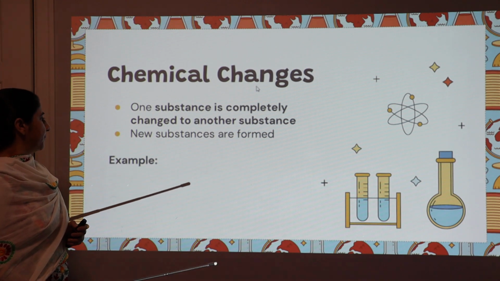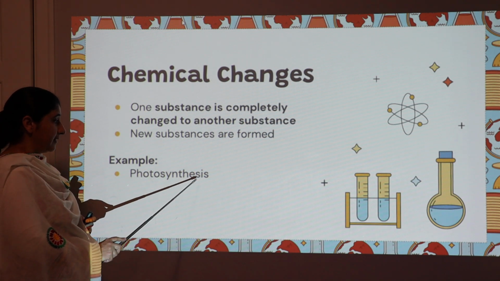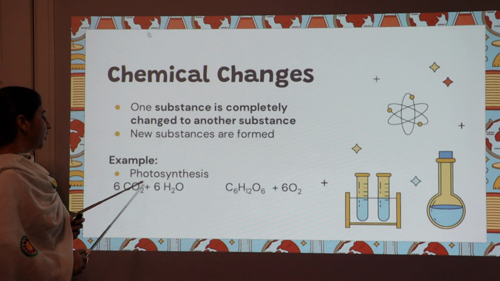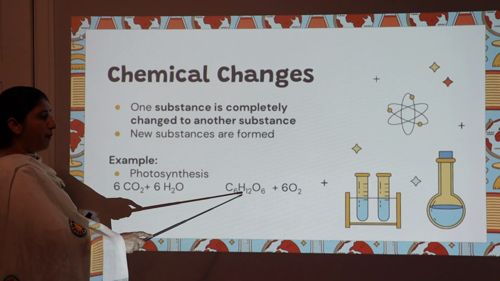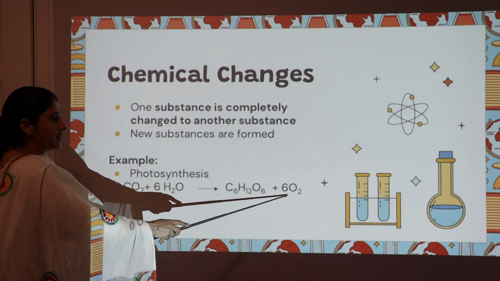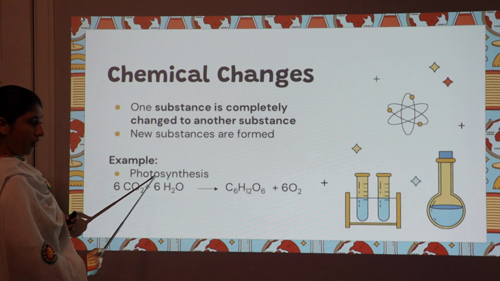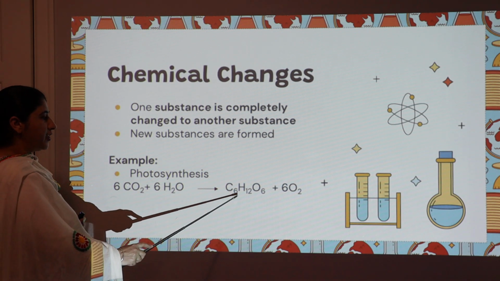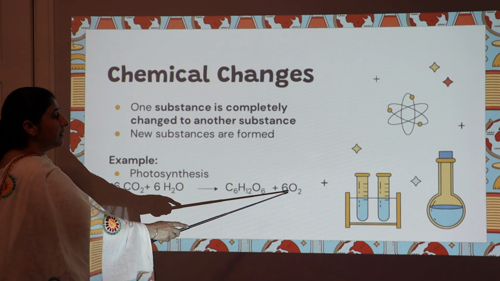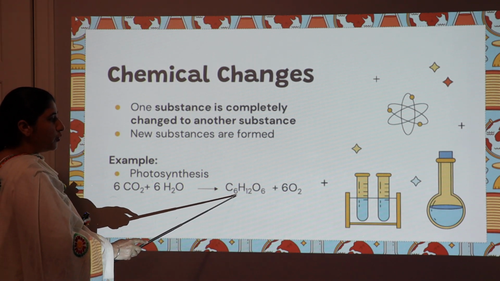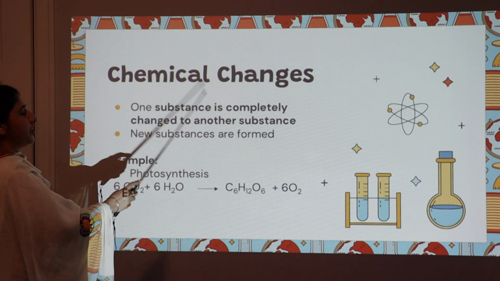For instance, in our daily life, there is photosynthesis, in which carbon dioxide combines with water to form glucose and oxygen. Initially we have carbon dioxide and water, and after the change, we get two new substances, glucose and oxygen. So this is an example of chemical change.